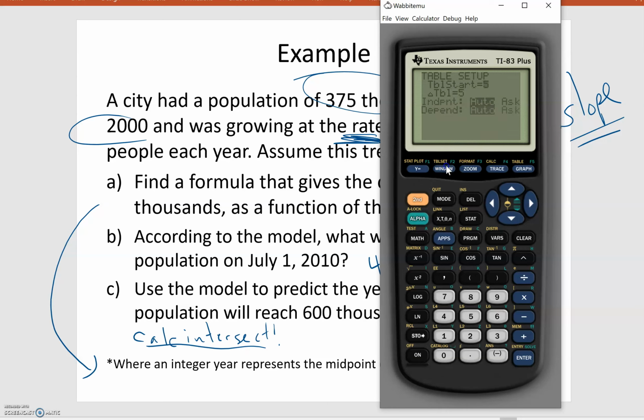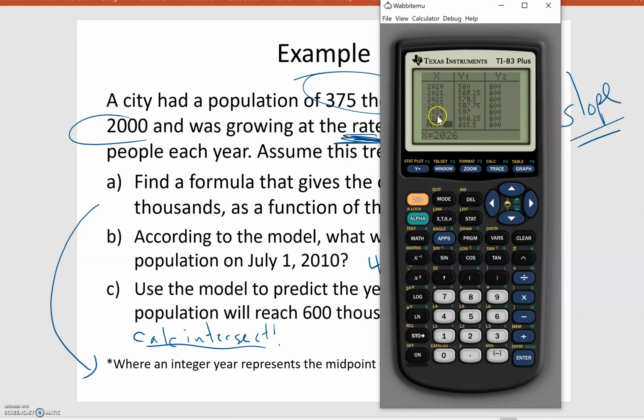So I'm going to go to table set, and I'm going to start the table at 2000. And I'm just going to go in increments of 1 here. So I'll go back to my table. And I'm looking to see when I get to 600, and not too far down. There we go.